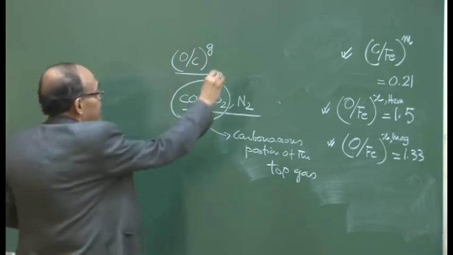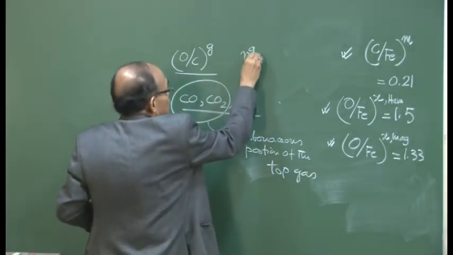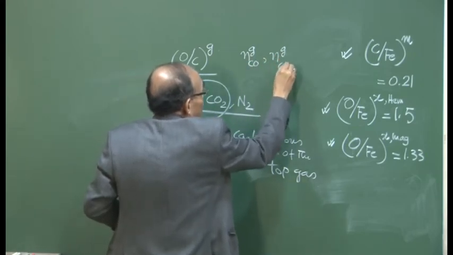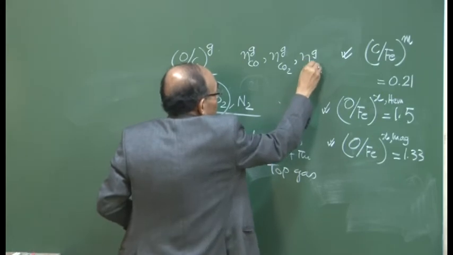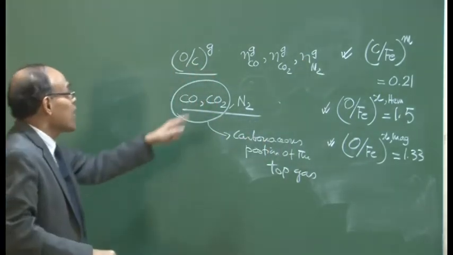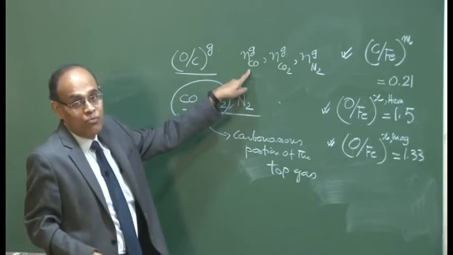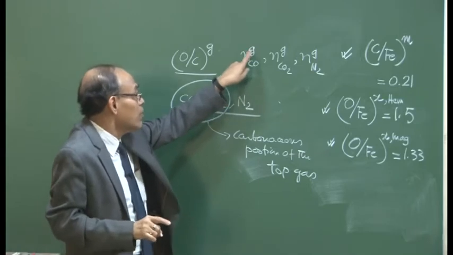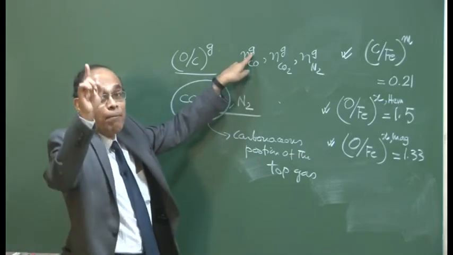Suppose the top gas contains NgCO moles of carbon monoxide, NgCO2 moles of carbon dioxide and NgN2 moles of nitrogen. If you sum them up, that is the total number of moles, and these are all per mole of Fe.